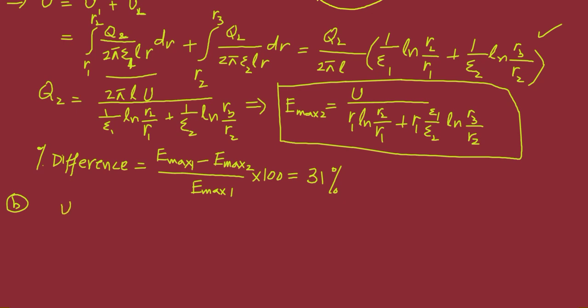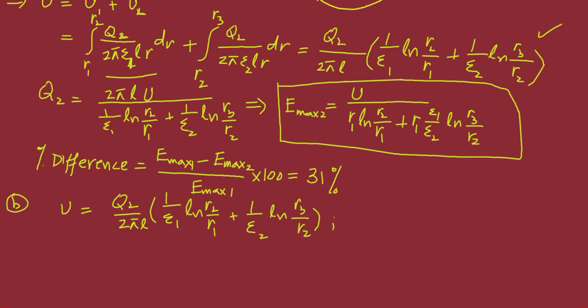So U equals Q2 over 2 pi L, 1 over epsilon 1 natural log of R2 over R1 plus 1 over epsilon 2 natural log of R3 over R2.